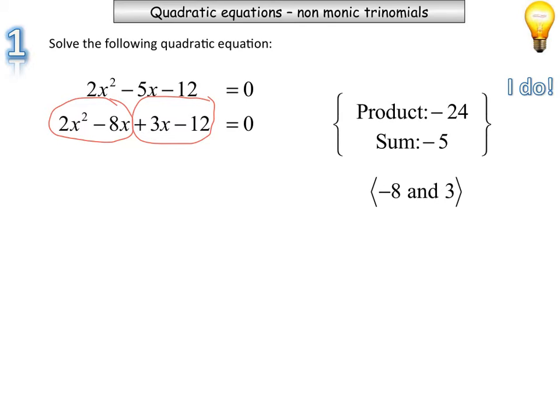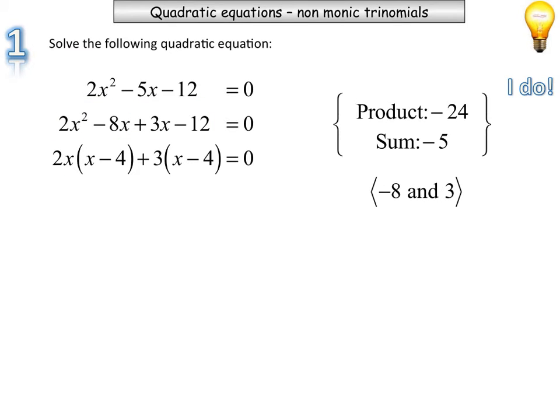So looking at the first two terms, what is a factor of those two? And we'll see that 2x is a factor. So we're going to factorize a 2x there. And the second two terms, we're going to factorize just a 3, because a 3 is common in both of those.